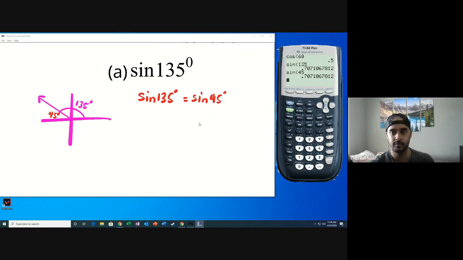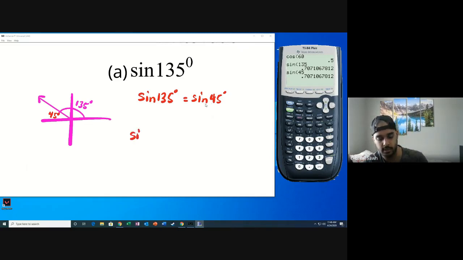So now I just need the value of that as an exact number. Sine of 45, that's 45 degrees. I know that's a special angle that we need to know. So that means my 45 degree triangle has root 2 over 2 for x, root 2 over 2 for y, 1 as the hypotenuse. And you can see that just up above. So the sine of that, I need the y, or just the opposite side.